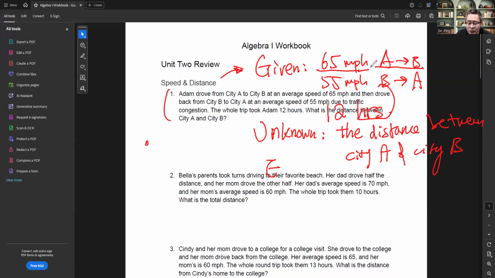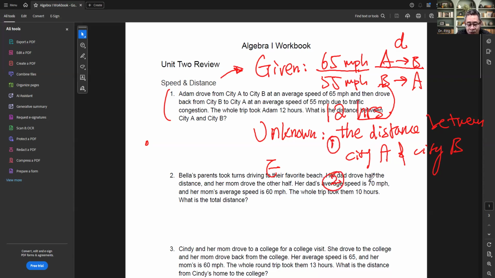If we don't know the distance, it's good to set up a variable because we are using algebra. Let's call it D for distance. This is unknown, this is 1 and 2.